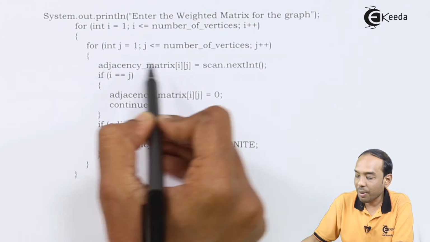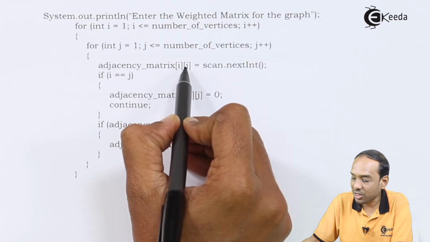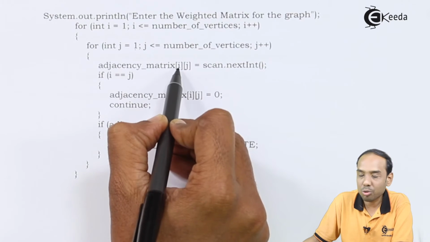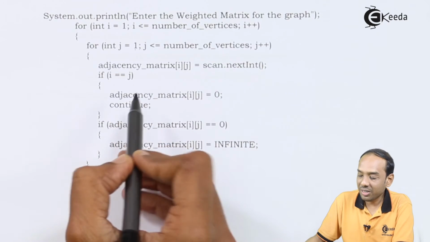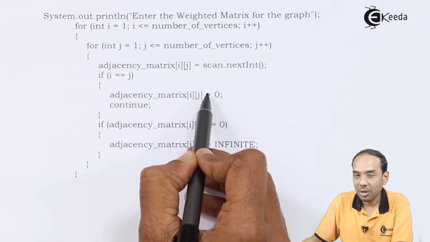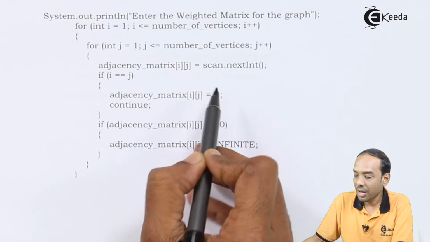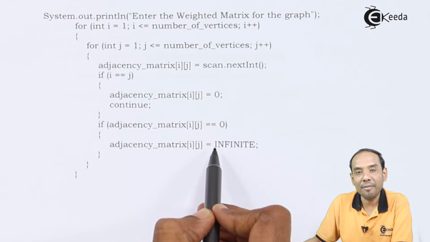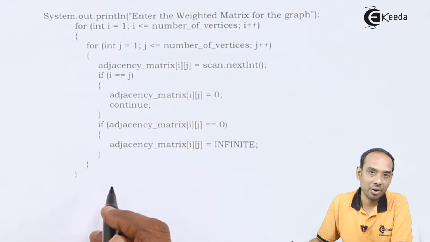We have adjacency matrix of the particular cell i, j equal to scan.nextInt. That is the value taken from the user and passed to the particular cell. Then we check the adjacency matrix value. If i equals j, it means the value of the adjacency matrix is going to be 0. If the adjacency matrix value is 0, then we set its value as infinite. It means that it is not reachable.